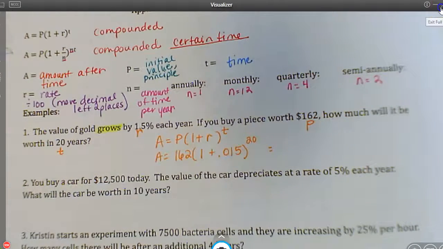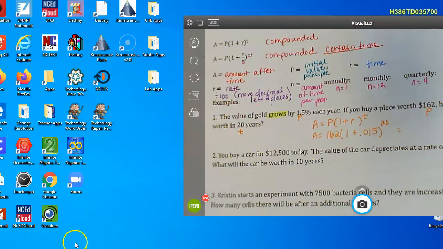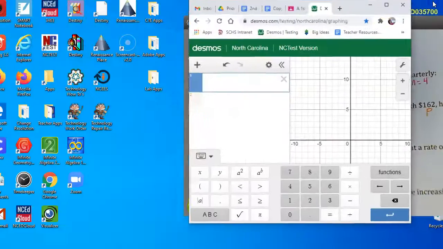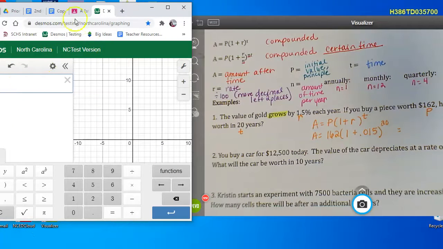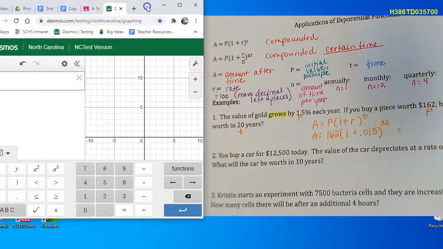And you can use Desmos to solve it, or a calculator. I like Desmos because you can see it all at once, and you can see how it raises to the power. Some of you like using your phone, but the power is a little bit confusing on your phone, so I really like looking at it in Desmos. 1 plus 0.015. You don't put the percentage in there or anything. You have to change it.